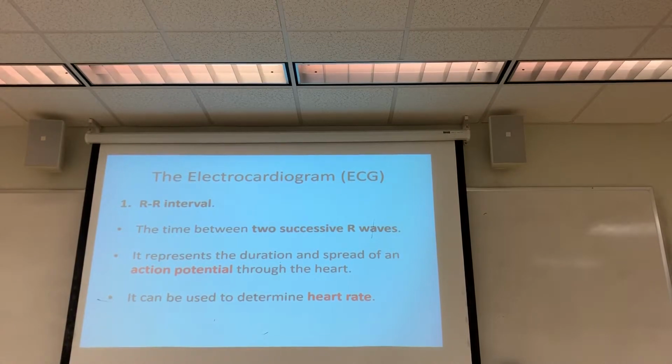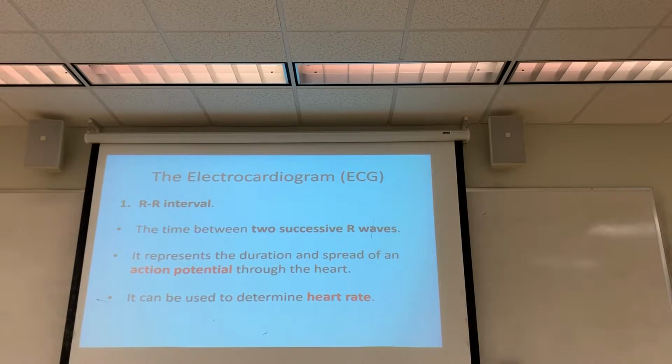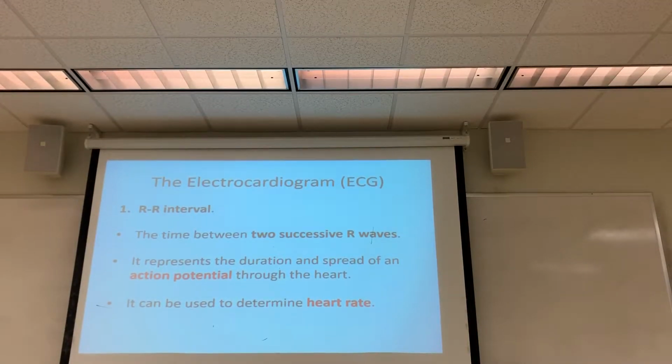The first heartbeat is R, the second heartbeat is R again in your EKG. That is how it is determined, and it is used as a heart rate. In one minute, if your heart beats 75 beats per minute, you have 75 R's. You understand? Okay, good.